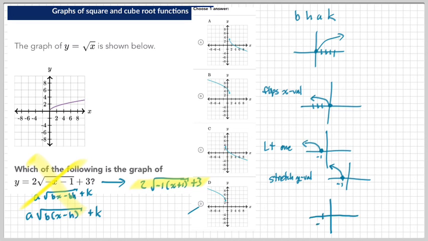I'm going to move that up 3. So we have 1, 2, 3. Okay, so I put it right there, and it's stretched out going that way. That's the last one. We're going to say up 3. Okay, so this one right here was the B. Oops, that's the B. This is the A. This is the H, and that's the K.